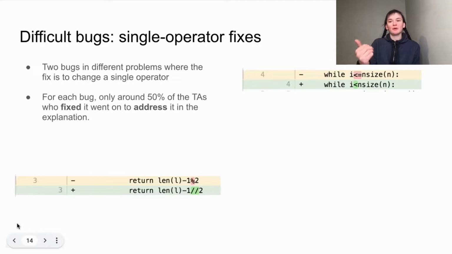Interestingly, these bugs were qualitatively different. One was probably a typo, and one was a quite serious logical error. TAs did have more trouble fixing one than the other. But nevertheless, across participants, if you did fix the bug, you're only 50% likely to remember to address it in your explanation.